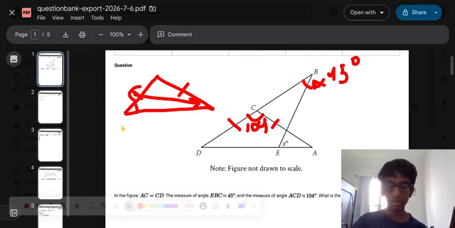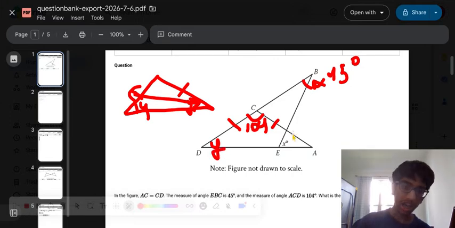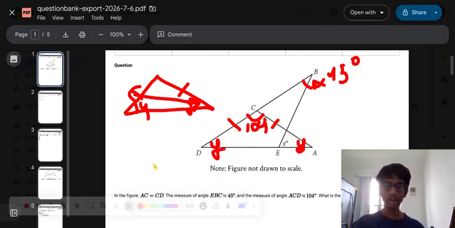They're the same. So when sides of triangles are equal, the angles opposite to them are also equal. So this angle, say it's y, is equal to this angle, which is also y. So we have y, y, and 104 for the angles of one triangle.